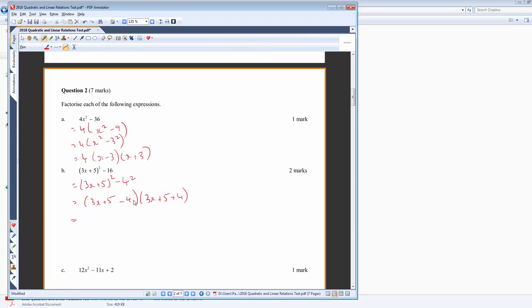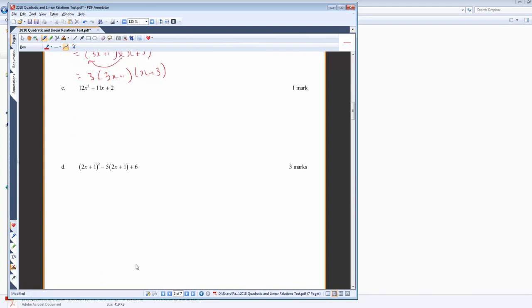Alright, now what we're going to do is simplify these, and we've got 3x plus 1, 3x plus 9. We're also going to note that this can be factorised here, so we're going to go 3x plus 1, take 3 out as a common factor, x plus 3, and then let's just shift that to that spot there because it's multiplication. We're going to go 3x plus 1, x plus 3.